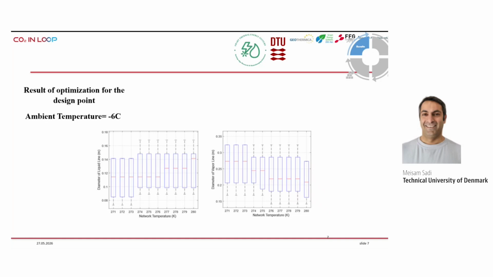Here we have the diameter of the liquid and vapor lines for different network temperatures. We can observe that when the network temperature increases, the diameter of the liquid pipes increases, while the diameter of the vapor pipes decreases.